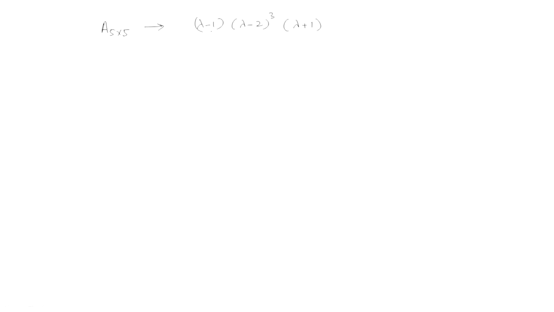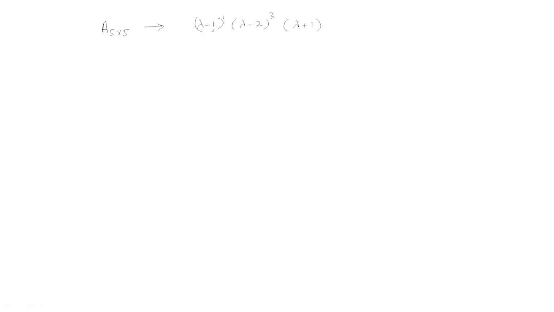Now, corresponding to lambda equal to 1, there is only one factor. So, we say that algebraic multiplicity for lambda equal to 1 is 1. Algebraic multiplicity means the number of times that lambda repeats. This lambda equal to 1 is repeating only one time. Now, lambda equal to 2 is repeating 3 times.